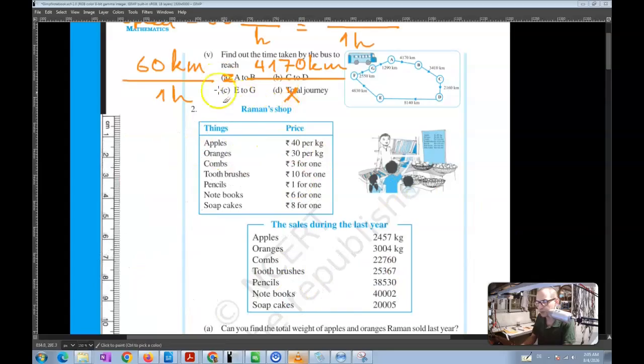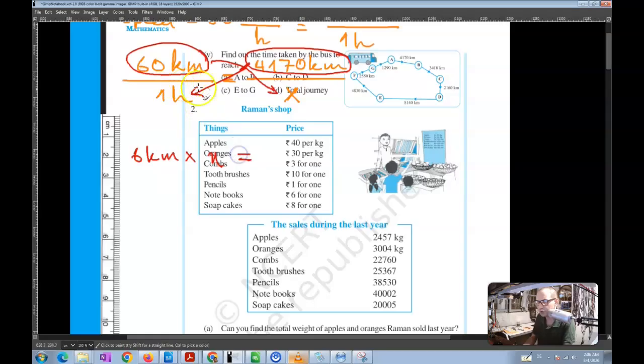So then I could cross multiply, meaning that I can take this value, multiply it by this number, and then I can take this value over here, multiply it by this number, right? So 60 kilometers times x is supposed to be equal to 4,170 kilometers times 1 hour, right?